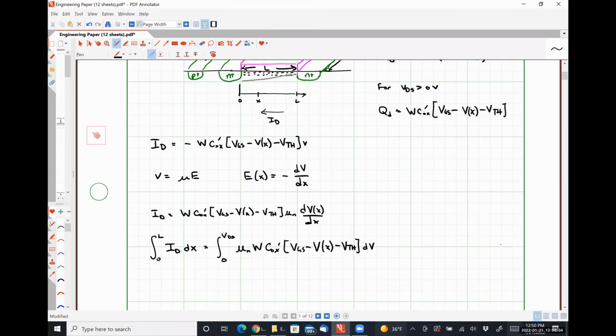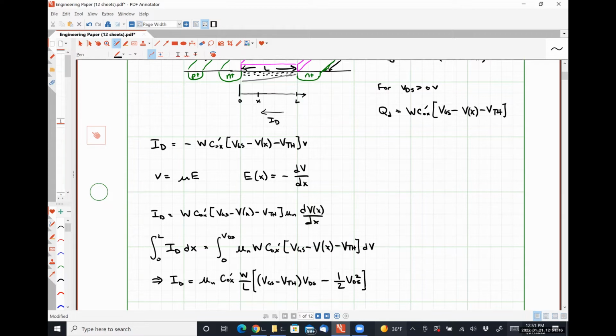If I do that integration, the result is the following equation: ID is equal to mu n Cox W over L times (VGS minus VTH) multiplied by VDS, minus 1/2 VDS squared.